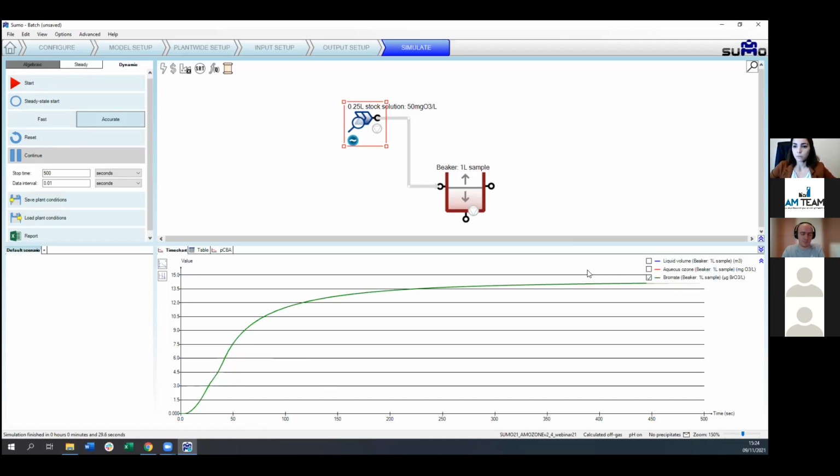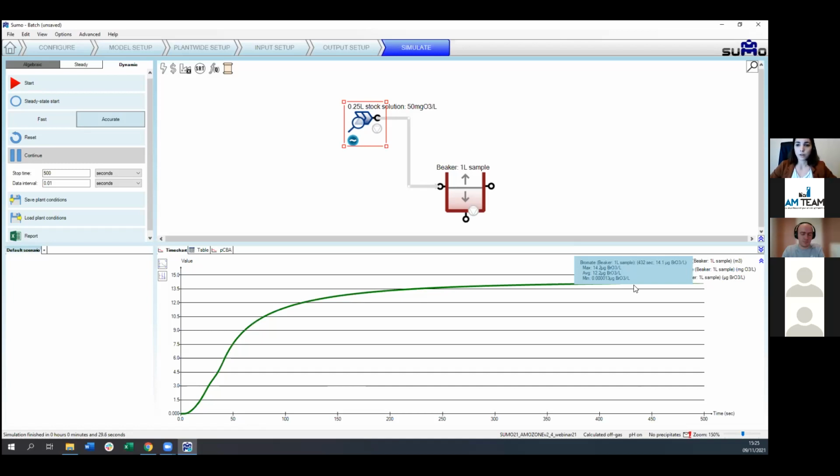So what conclusion can we draw from this? If we inject the ozone stock solution very fast, within a millisecond, which is rather impossible, we end up with a higher bromate formation. But if we inject ozone over a longer period of time, 40 seconds, we can see a bromate formation up to 50% lower.